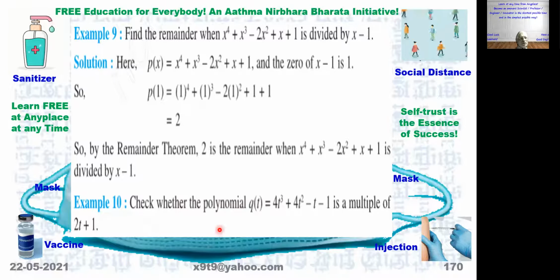So the meaning attached to it here is not the same as in the problems we did earlier using a general formula, where p(t) is the dividend, g(t) the divisor, q(t) the quotient, and r(t) the remainder.